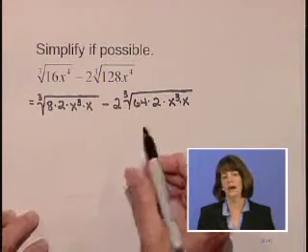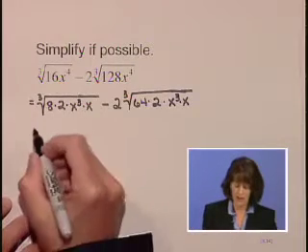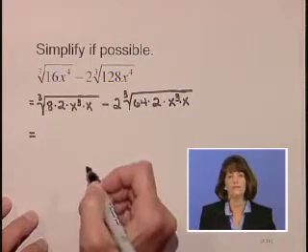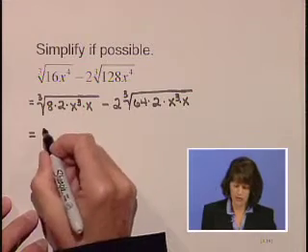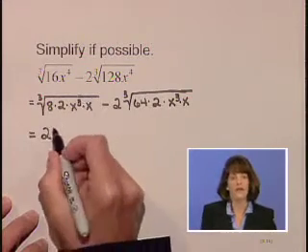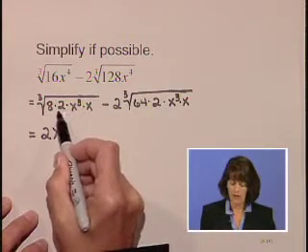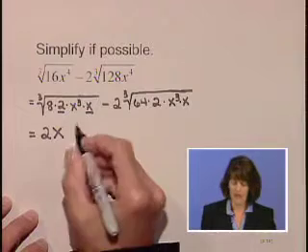Now let's proceed by taking as many perfect cube factors out of the radical as possible. The cubed root of 8 is 2. The cubed root of x to the third is x. But underneath the radical, we'll keep the 2 and the x.